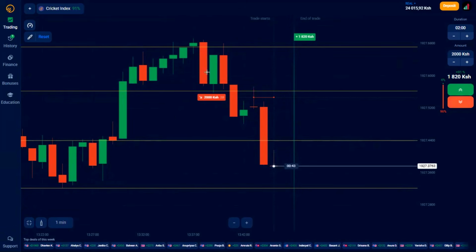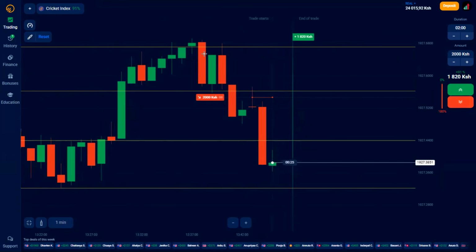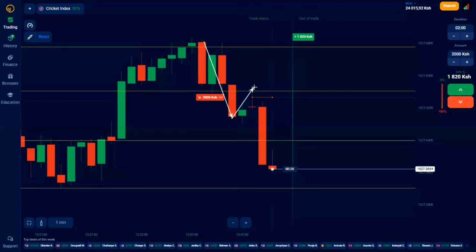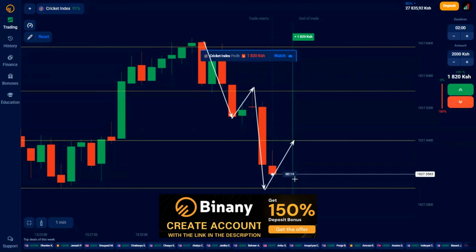Actually, in a downtrend, we should only focus on the lower highs. With the lower highs, they are safer than the lower lows. So this one is a lower low. Let me show you. For those who don't understand the market structure, this is a lower low, lower high. Now it is coming to form a new lower low, then lower high.